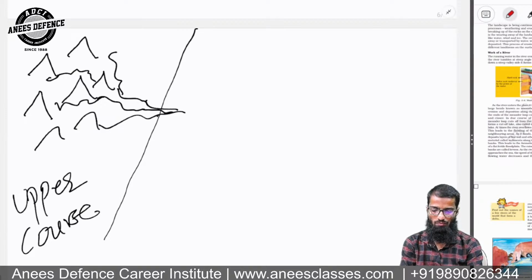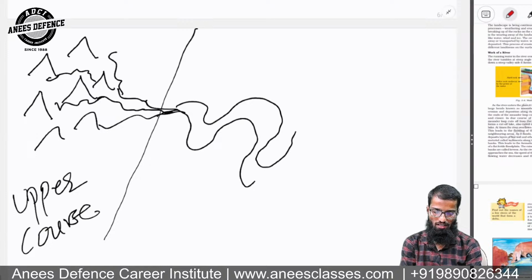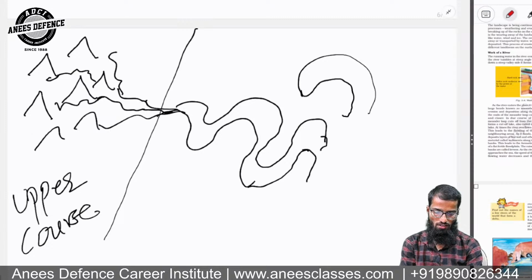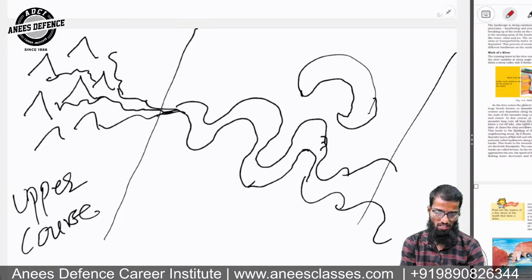Now, in the middle path, the river will start meandering. It's like a wave, or like how a snake moves. Afterwards, when it meets the ocean, you will see distributaries or the formation of deltas.